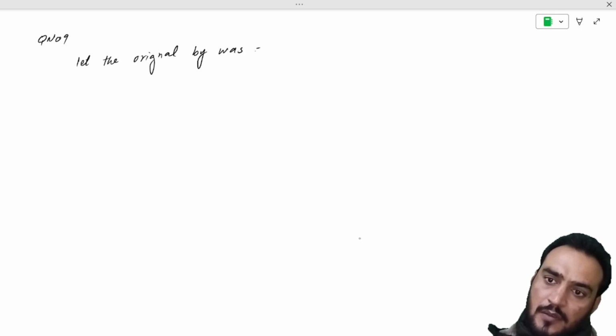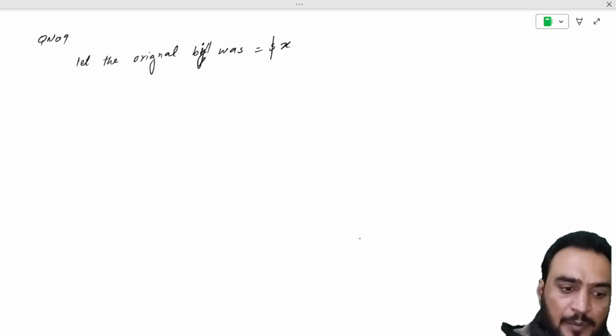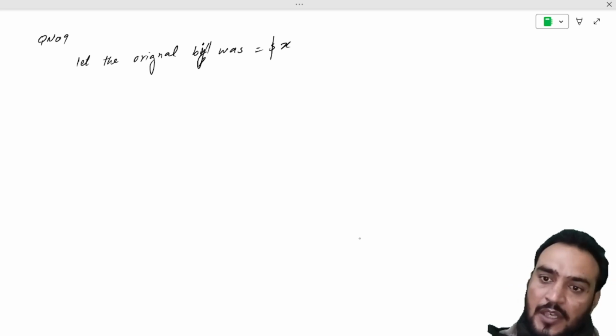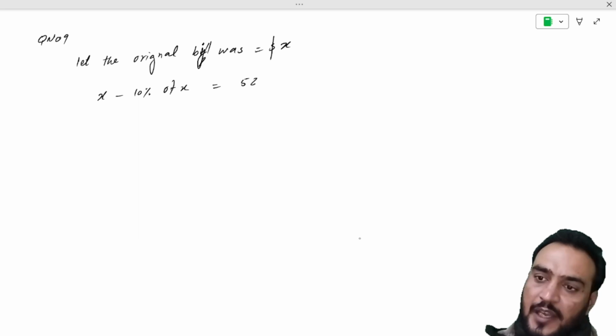After decreasing 10%, so decreasing 10% means x minus 10% of x is equal to $58.50.